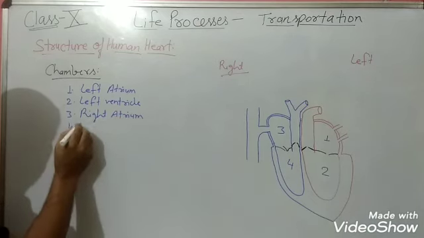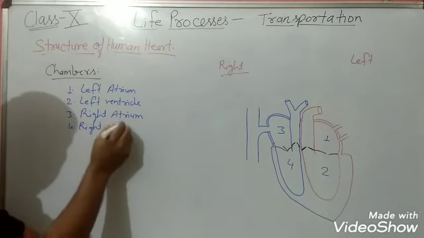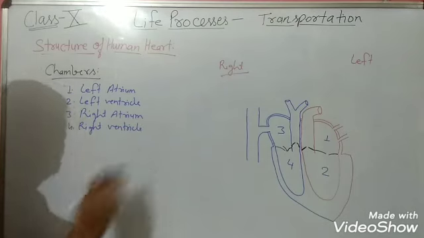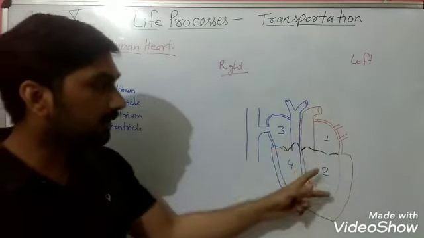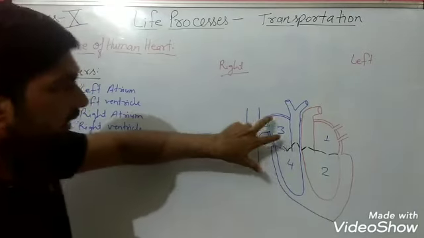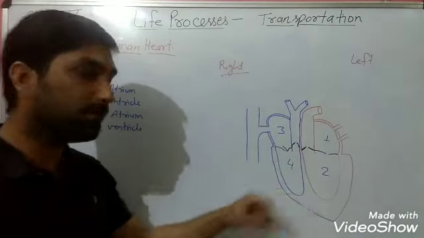And the last one is the right ventricle. So don't be confused: left atrium, left ventricle, right atrium, right ventricle. These are the 4 chambers.